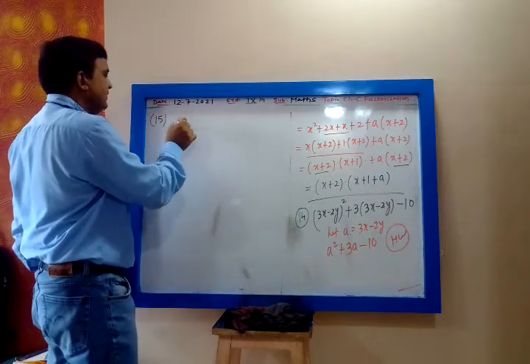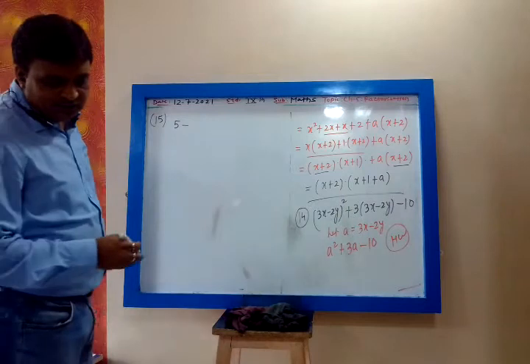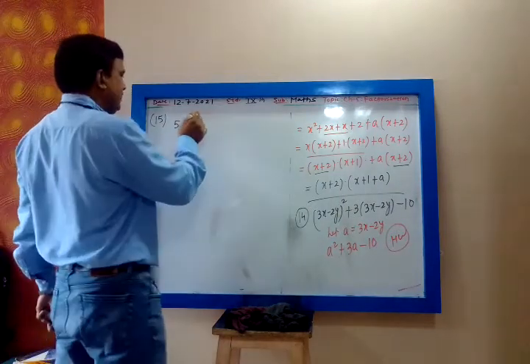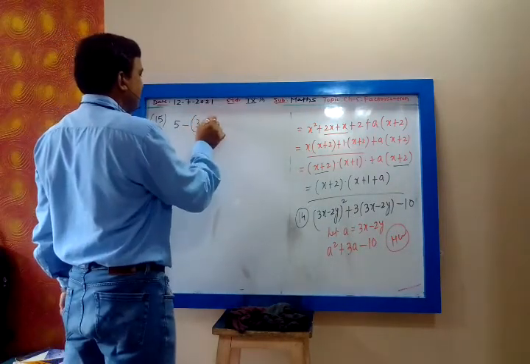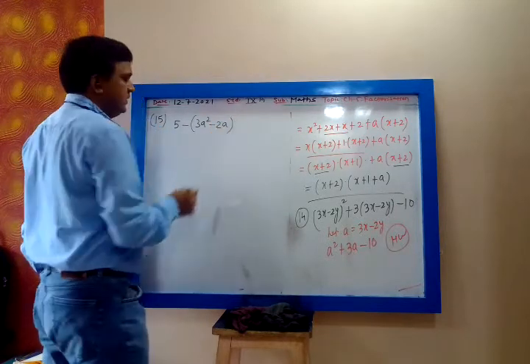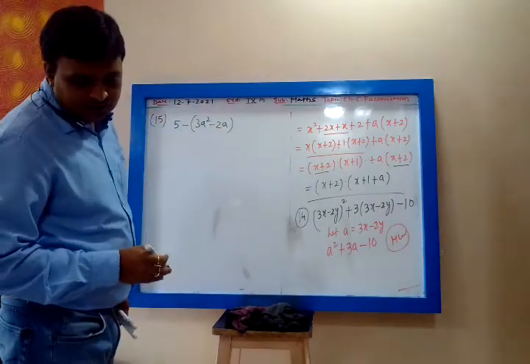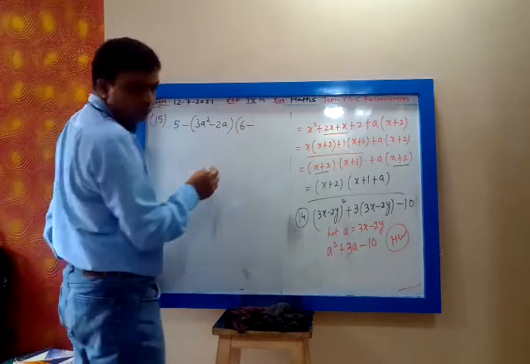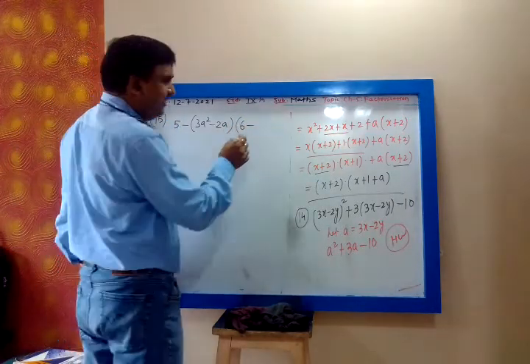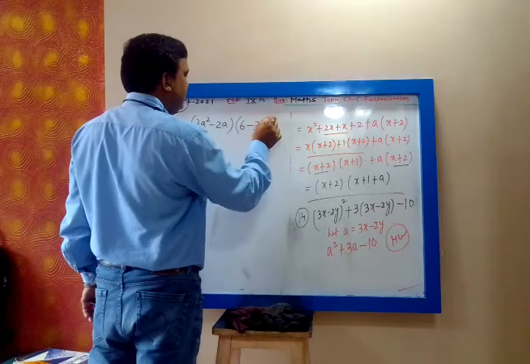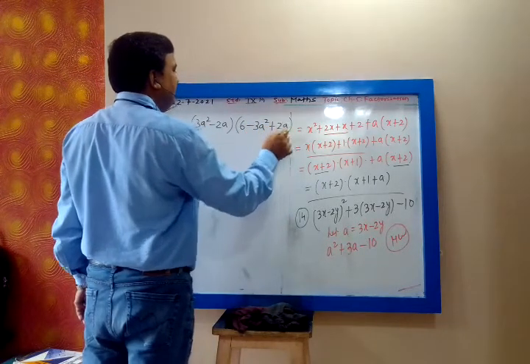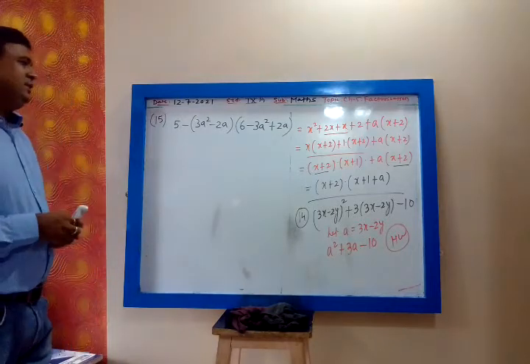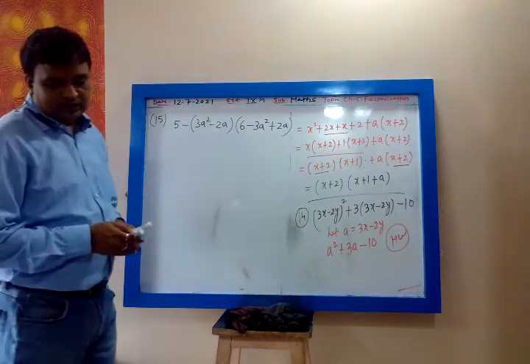5 minus 3a square minus 2a, into 6 minus 3a square plus 2a. Okay, let us see how it comes.